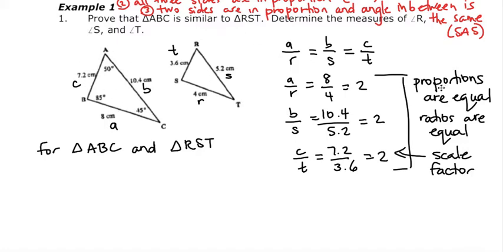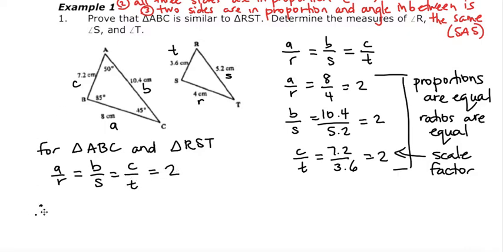So because all of our ratios are equal, then those are our three examples. Okay, so I can say that A over R is equal to B over S, which is equal to C over T, which we showed was 2.